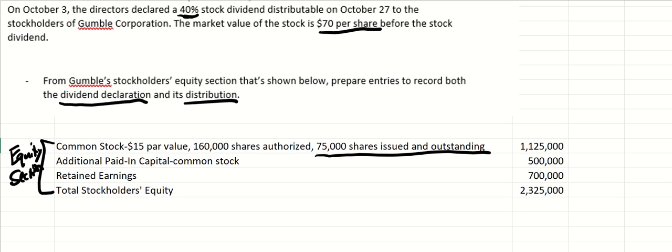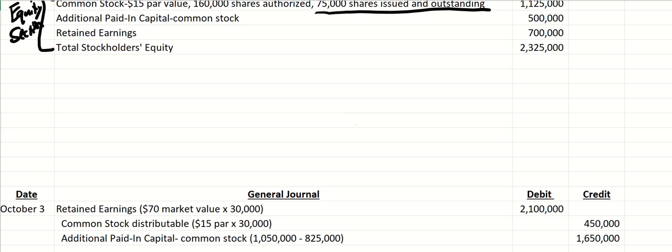So the first thing we need to do is record the dividend declaration, and the dividend declaration occurred on October 3rd. When you have a stock dividend, you are taking a portion of what is recorded in retained earnings. In this case, we have 700,000 here. We're taking a portion of that and transferring it to the contributed capital account, which is another equity account.